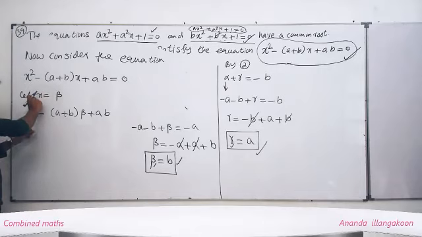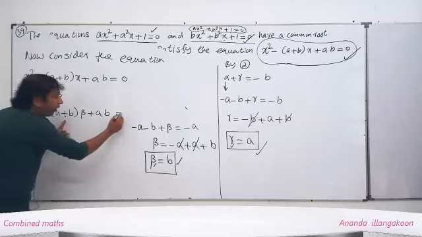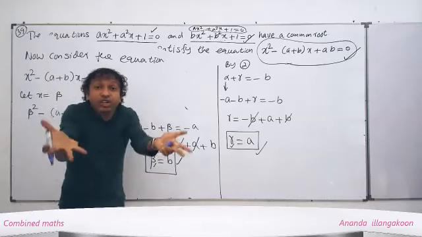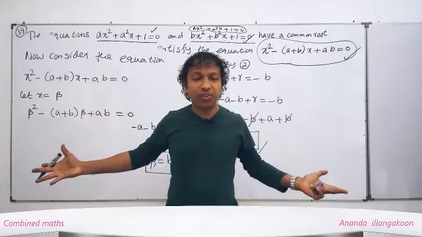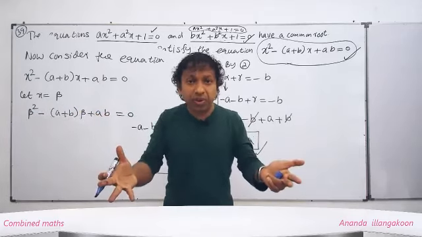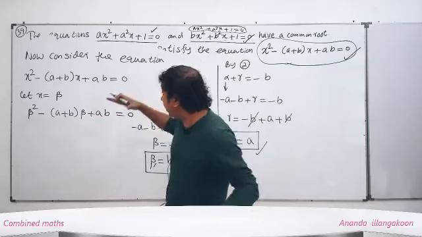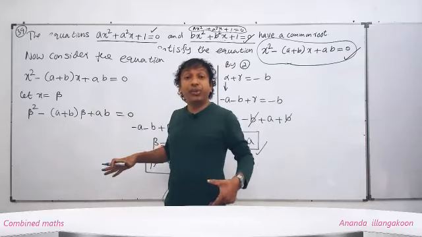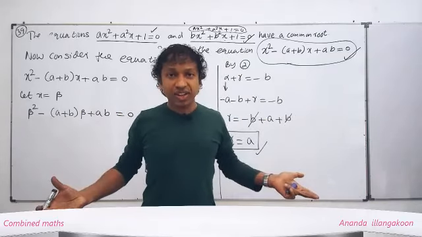Then we get beta squared minus (a plus b) times beta plus ab. If we directly put 0, already we know beta satisfies that equation. Already we know. But we need to prove beta satisfies the equation. That only we need to prove. If we directly put this equal to 0, we know already beta satisfies that. We need to show beta satisfies that.